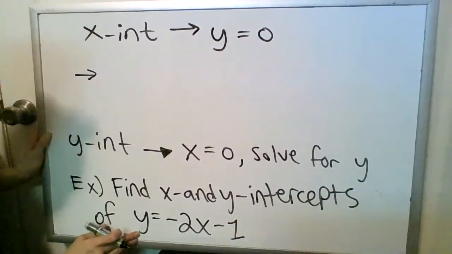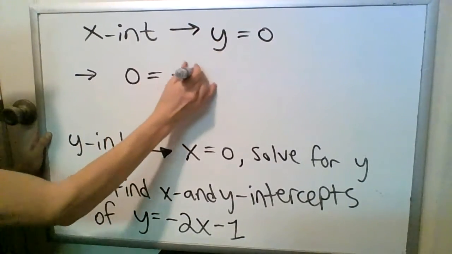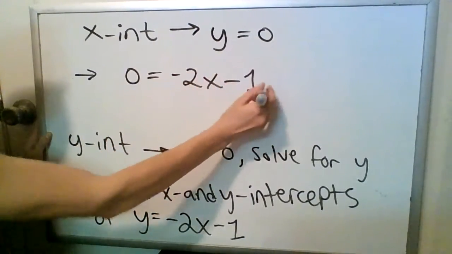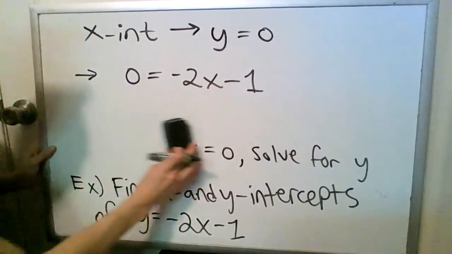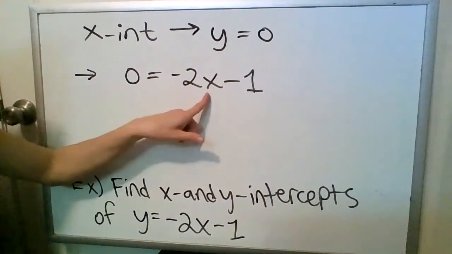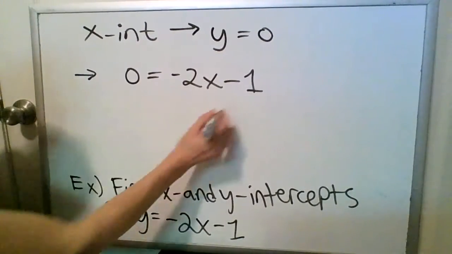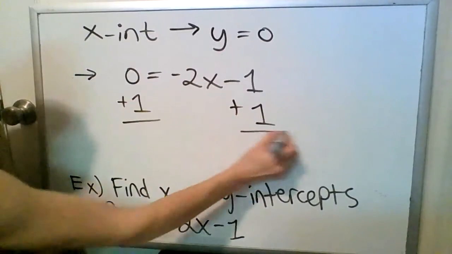We'd have a 0 here equals -2x minus 1. Isolate x. Start by adding 1 on both sides.